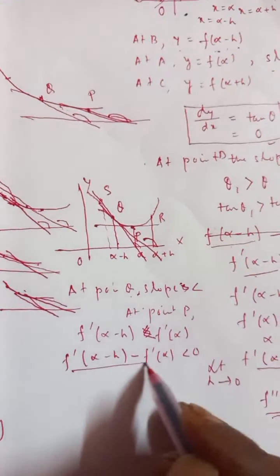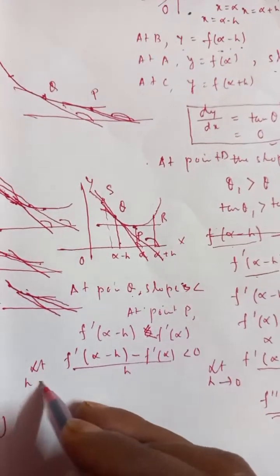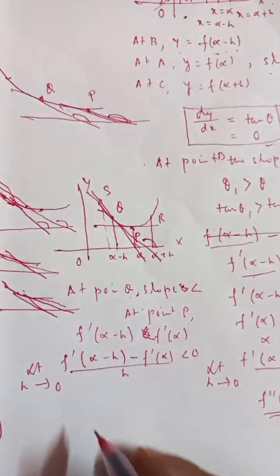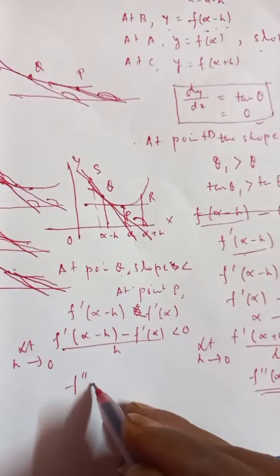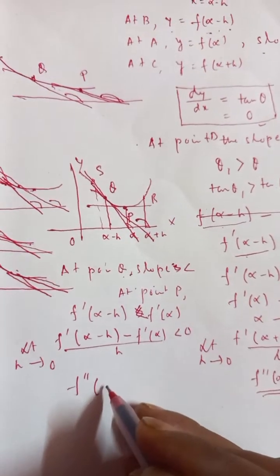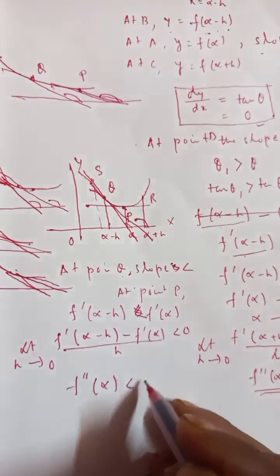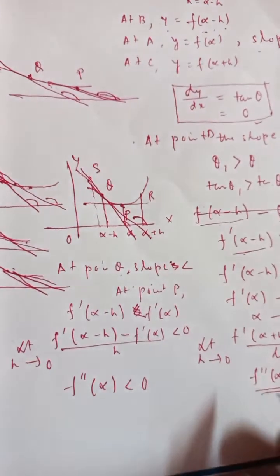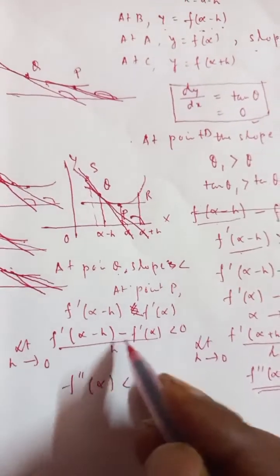If we now divide by h and take the limit as h tends to 0, then we have the second derivative of f(x) at the point alpha less than 0. So we have to rearrange this first.